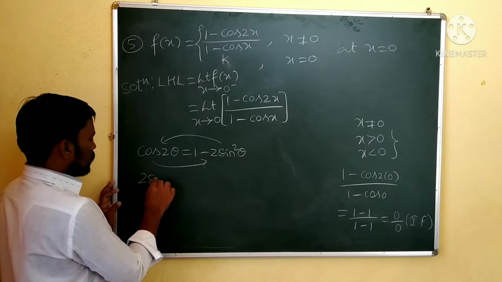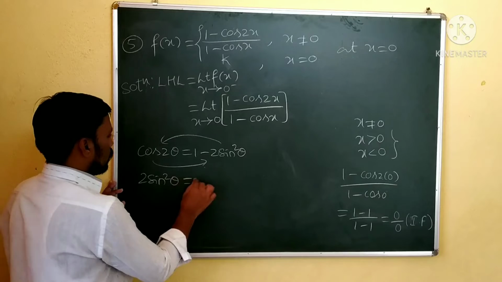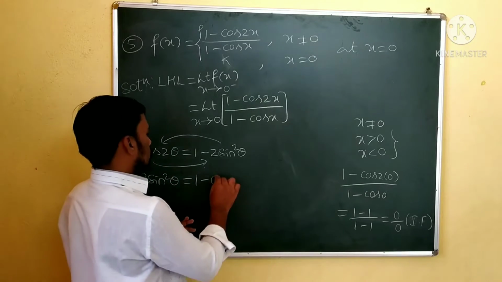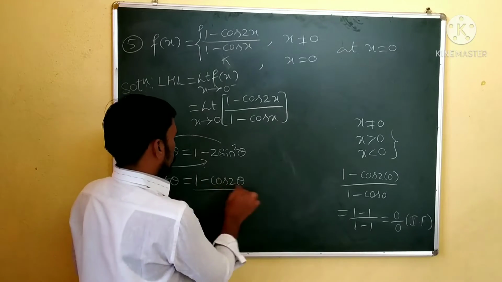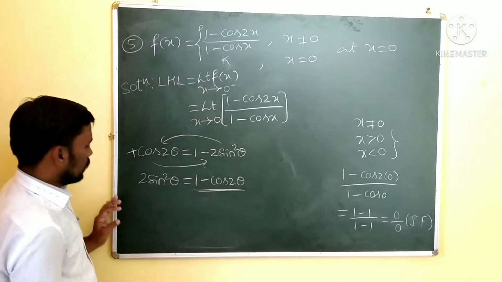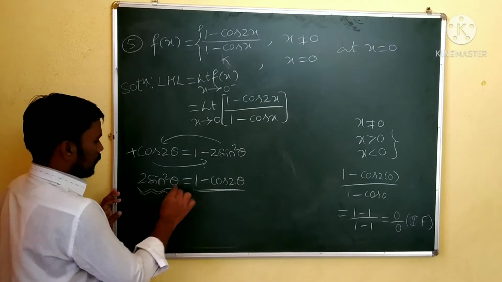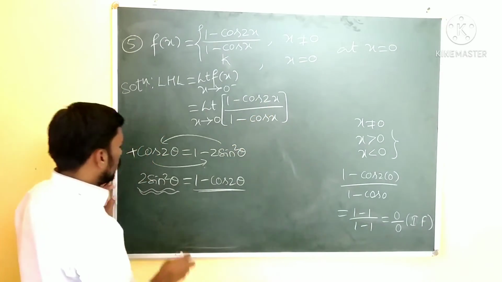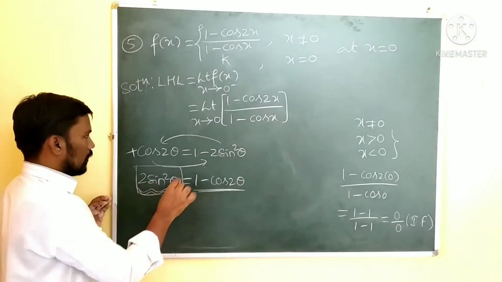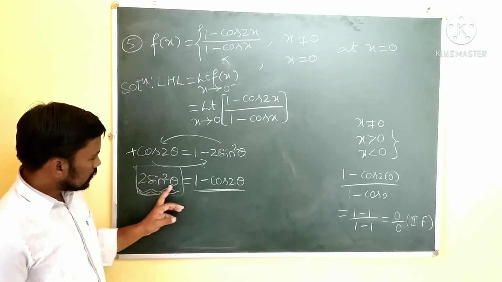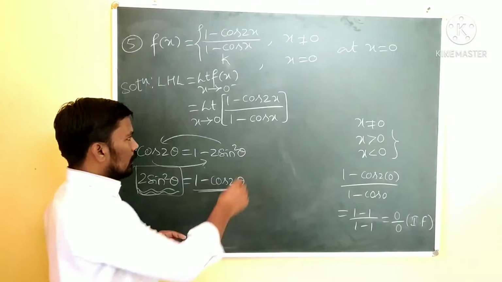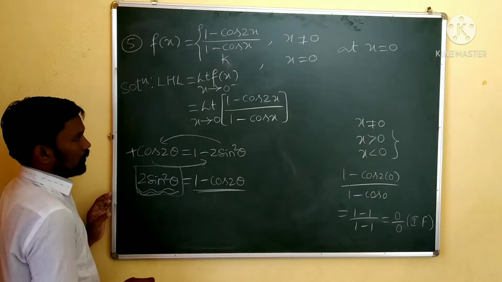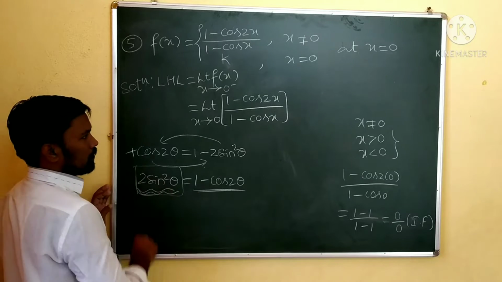Interchanging these two, 2 sin square theta is equal to 1 minus cos 2 theta. It means 1 minus cos 2 theta is nothing but 2 sin square theta. So in the numerator, 1 minus cos 2x can be replaced by 2 sin square x. And similarly in the denominator, 1 minus cos x becomes 2 sin square x by 2. Make use of the half angle formula.